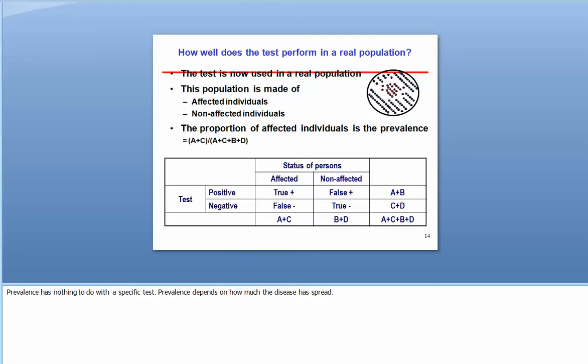If the prevalence is high, even then, when you calculate sensitivity you are restricting yourself to people who are affected. So that may not play a role. Okay.